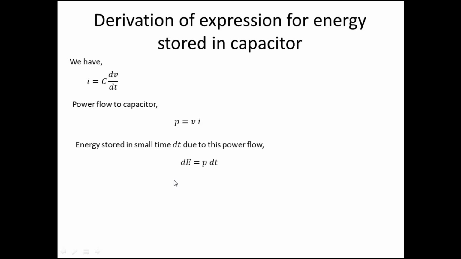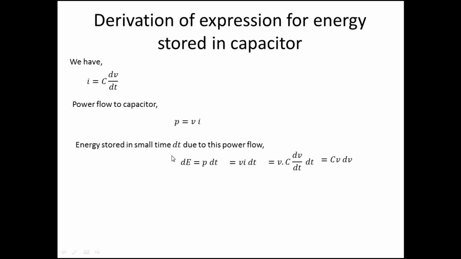So dE is equal to P dt. Again we can substitute for P as Vi, so Vi dt. Again we can substitute for i is equal to C dV by dt. So we get V, and i is C dV by dt, and this dt. We can cancel this dt, so it becomes C V dV.